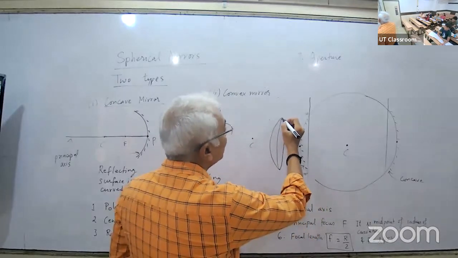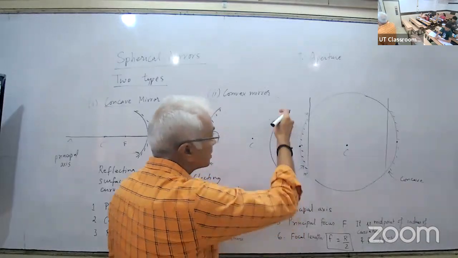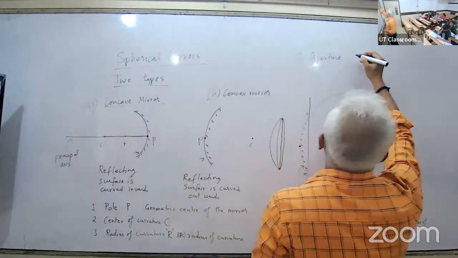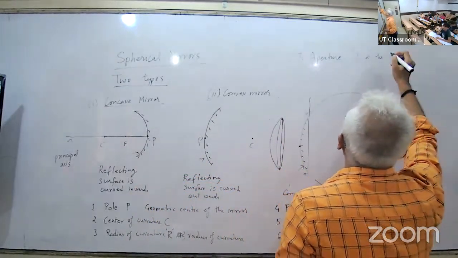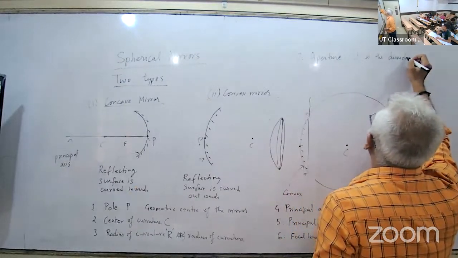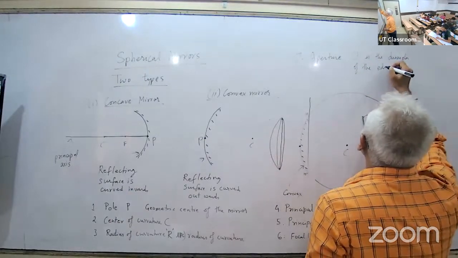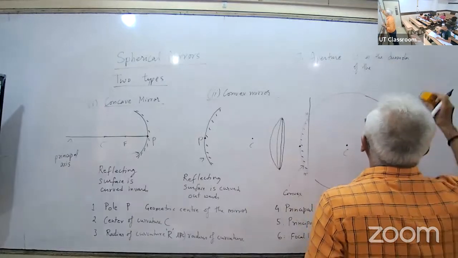So this diameter of the edge of the mirror, this straight distance. Okay, so what is it? It is the diameter of the edge of the circular edge of the mirror, you can see.